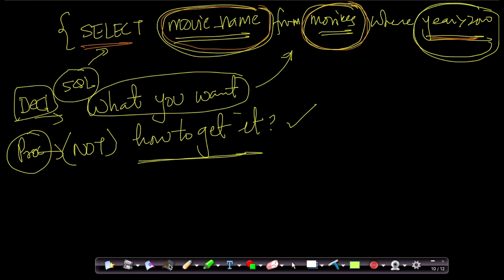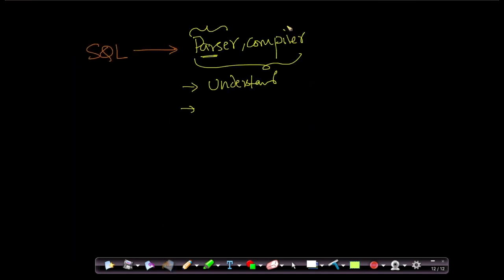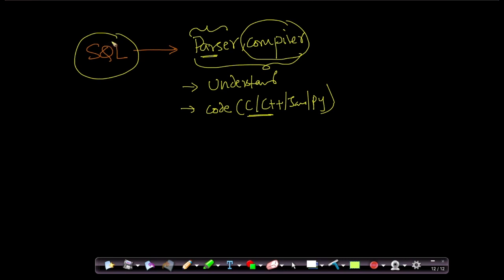And the compiler then generates code in one of the procedural languages like C or C++ or Java or Python, whatever programming language the database uses. Most databases typically use C or C++. Some databases also use Java, because they're extremely fast. So the parser and compiler takes the SQL query, understands what is there, and compiles it into a procedural program.